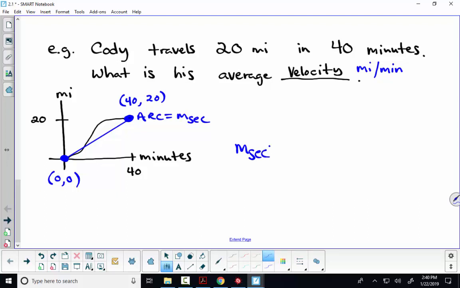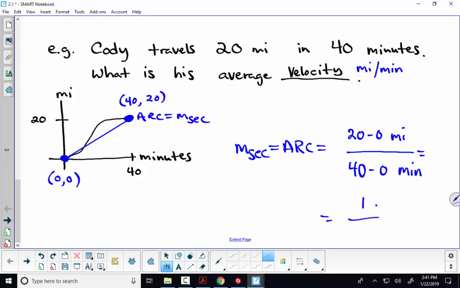Average rate of change, or the slope of the secant line. Change in y, 20 minus 0, measured in miles. And the change in x, 40 minus 0 in minutes. So I travel 1 mile in 2 minutes.